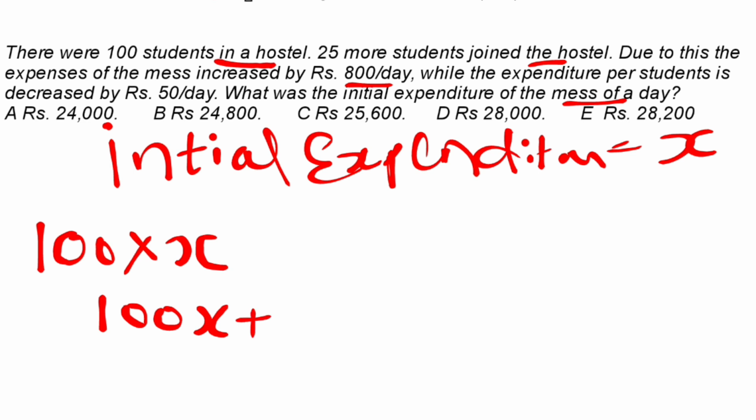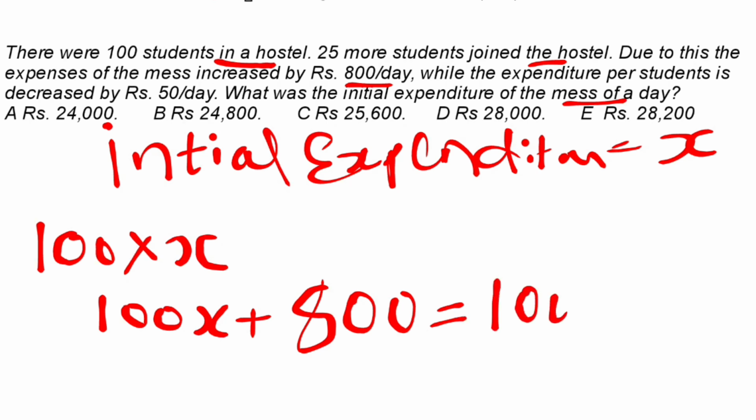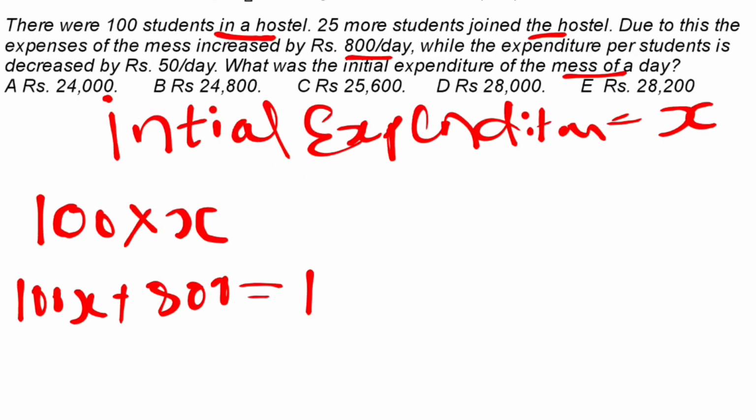So the total expenditure is 100X plus 800 increased. The total number of members is now 100 plus 25.